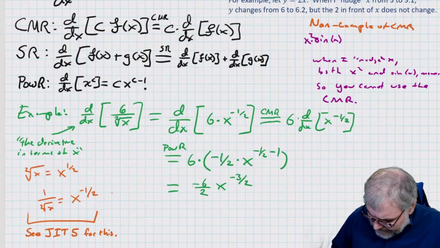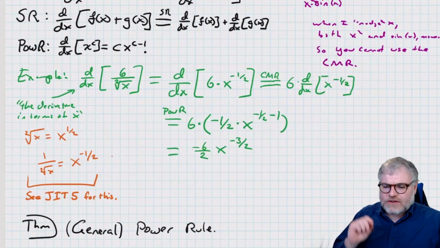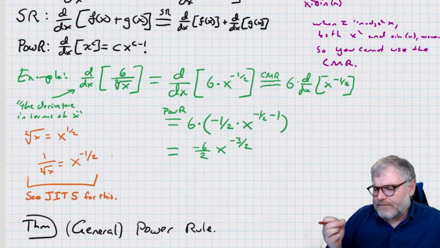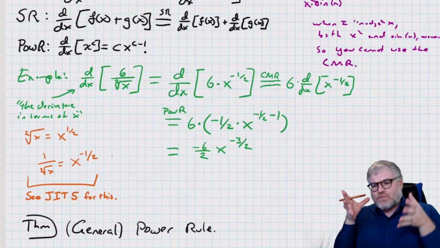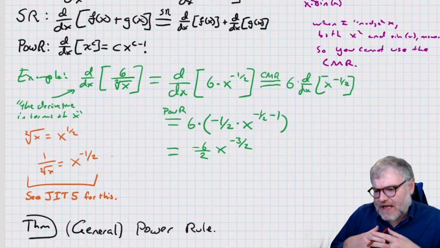A couple of things here. I reviewed this notation in Just in Time 5, which is a lecture that should have gone live at the same time as this one or close to it. That has all of this pre-calc that you were supposed to get, but you might have forgotten.